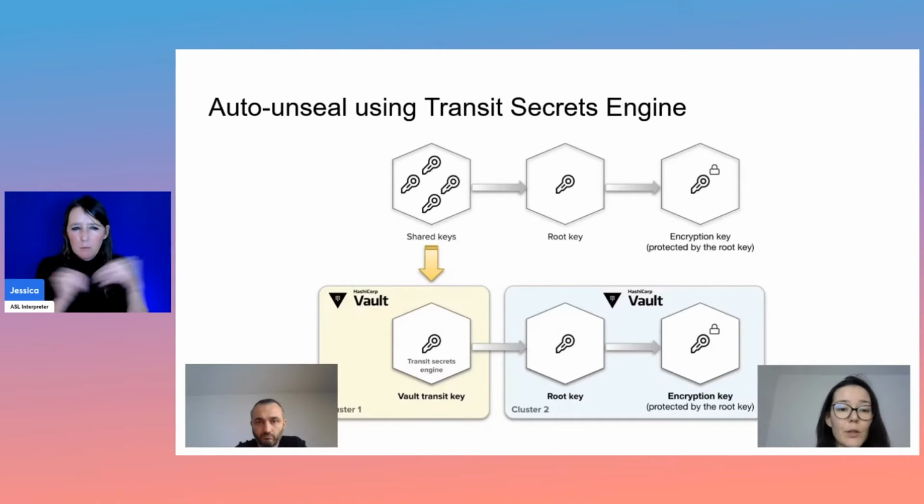About centralization and scalability, well, one of the primary benefits of using the Transit Secrets Engine is its ability to centralize key management. In an environment where multiple Vault instances are in operation, this centralization actually simplifies the management of encryption keys, reducing the complexity typically associated with handling numerous keys across various systems.